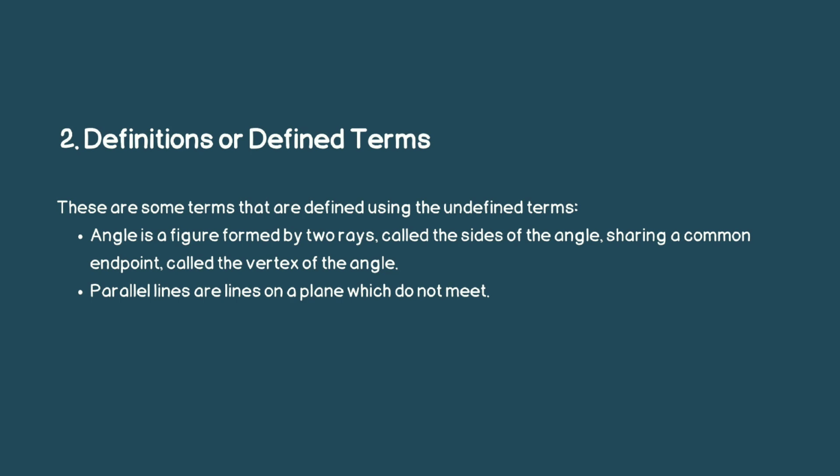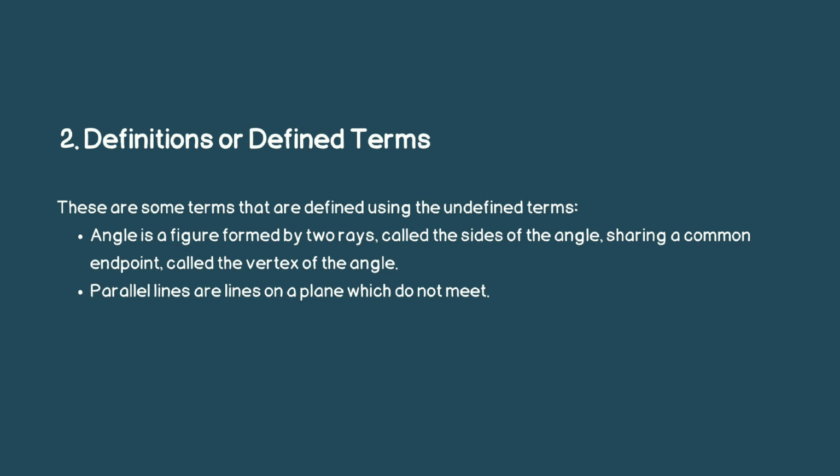Another example of a defined term is parallel lines. Parallel lines are lines on a plane which do not meet. This too is considered a defined term because it has a specific and agreed upon meaning within the context of geometric definitions and principles.